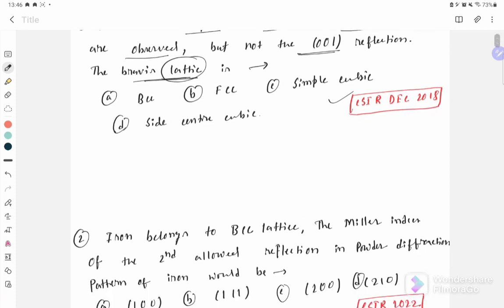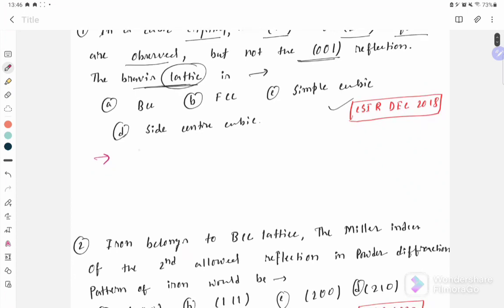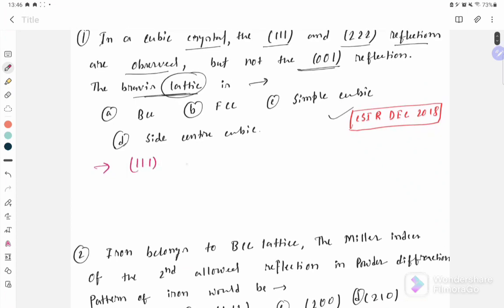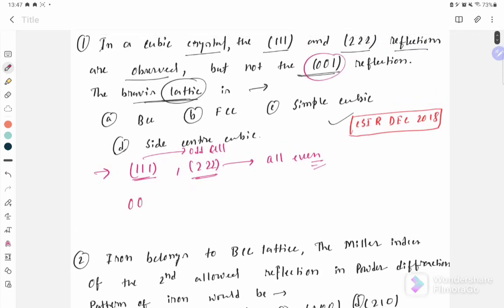The 111 plane and 222 plane are observed in the lattice. Means here we can say all are odd, and in this case all are even. And another condition is 001 will not show reflection.